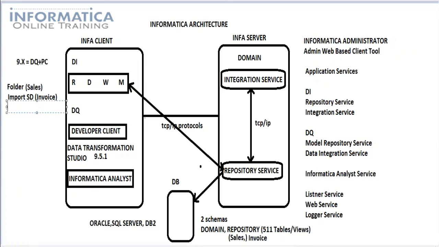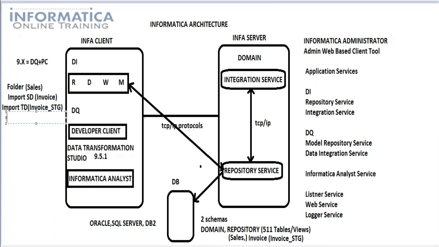And what is the next thing that you do? Import a target definition, like invoice underscore HTG. Again, this will be stored into the repository database. And you create a mapping.